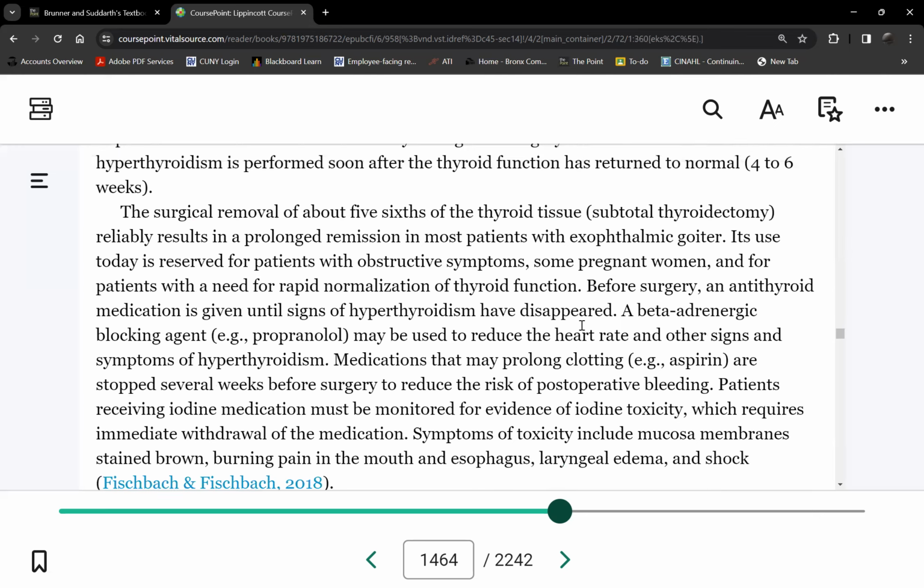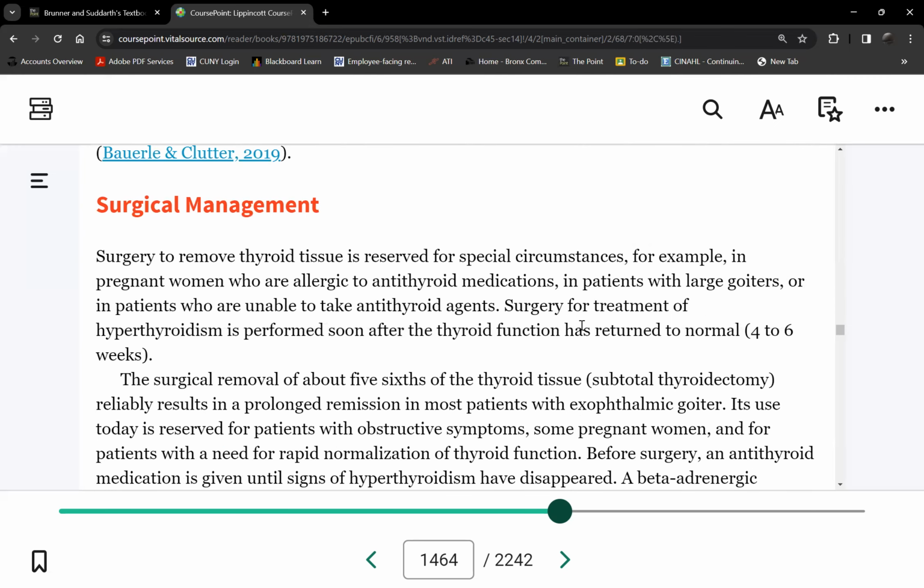All right. So for surgery now, let's say the patient wasn't cured by medication or radiation. Now the surgery is the decided option. All right. Before we do surgery, remember the patient is in a hyperthyroid state, correct?